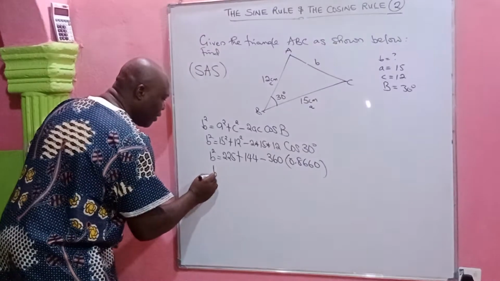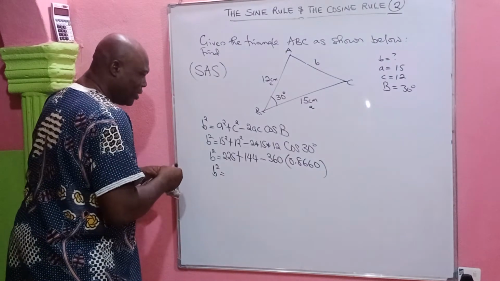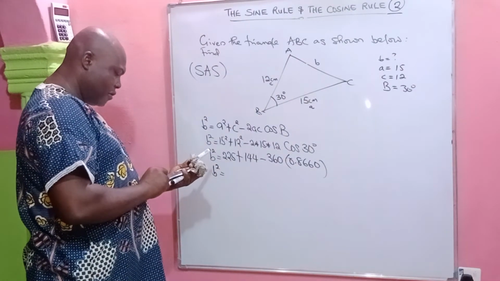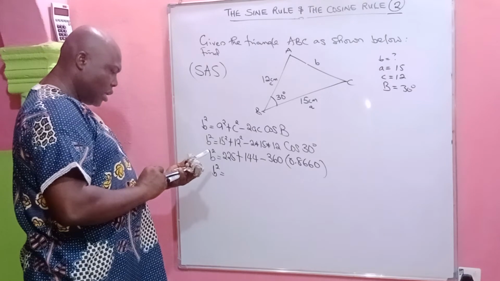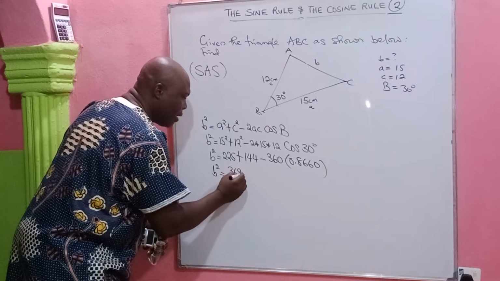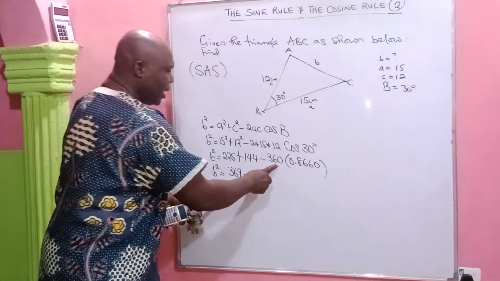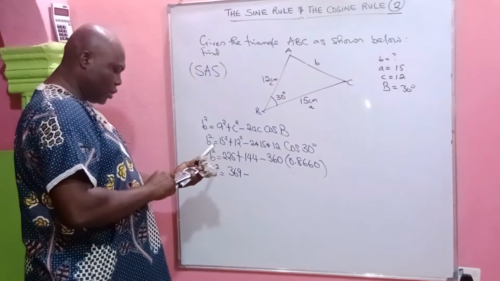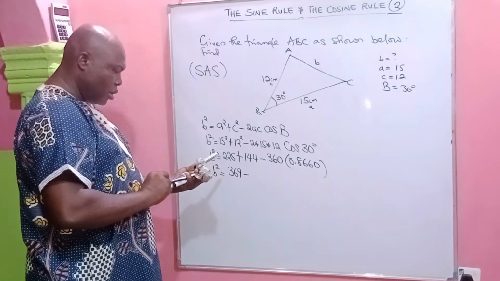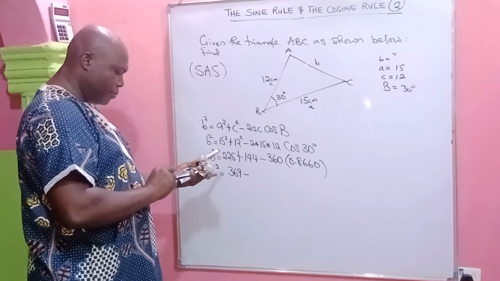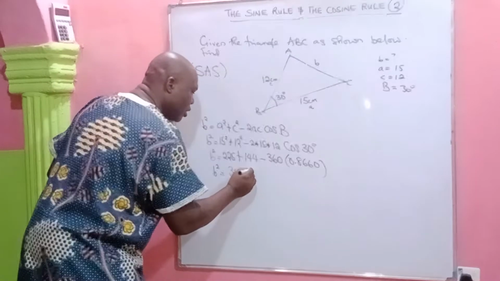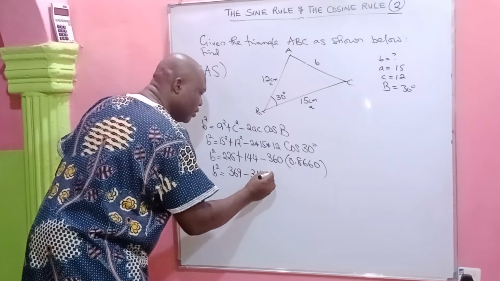So b squared will be equal to, we simply add 225 to 144. 225 plus 144 gives us 369. So this will be 369 minus 360 times 0.8660. 360 times 0.8660 gives us 311.76.